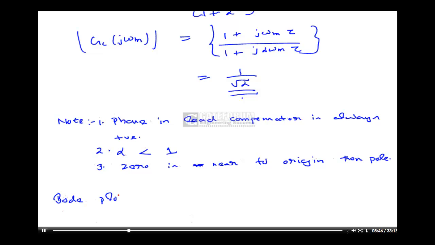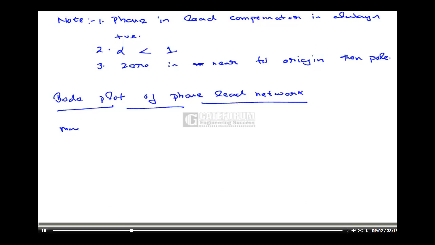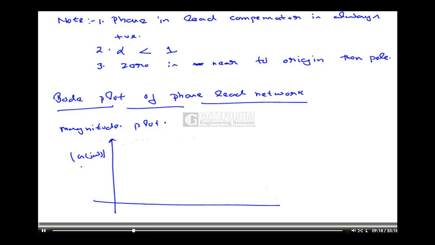Next, the Bode plot of the phase lead network. In this, if we plot the magnitude plot, since there are 2 points, G of j omega, this is in dB.